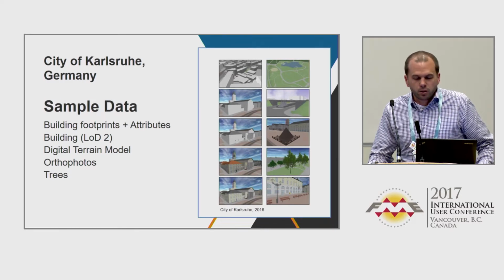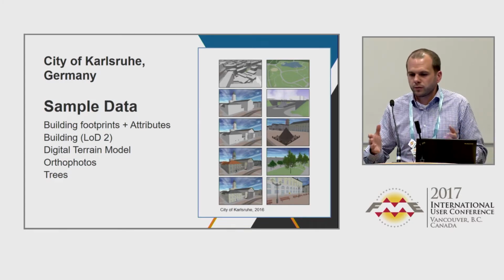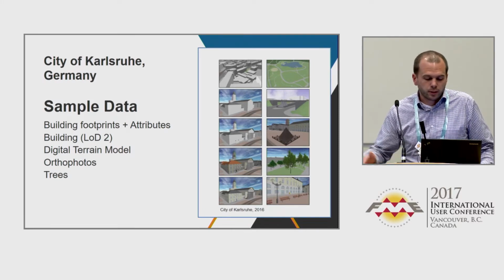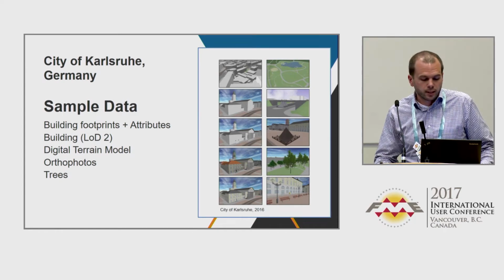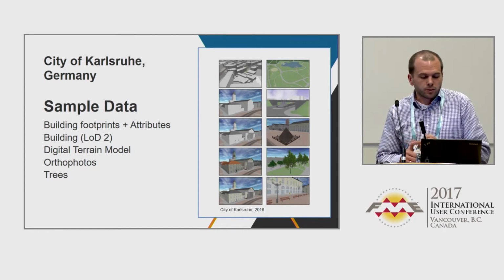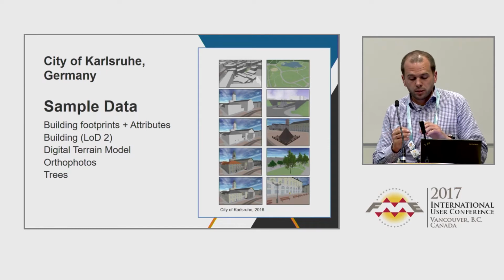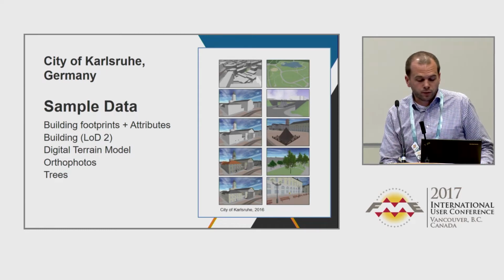I would just call it a typical set of data that cities normally have if they want to do 3D city modeling, right? So these templates also include building footprints and attributes. Building levels of detail are included too, then a digital terrain model, aerial photos and trees. So all these ingredients we make use of in our 3D solution templates.